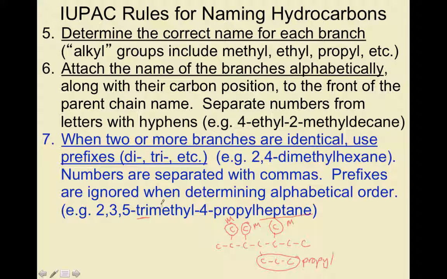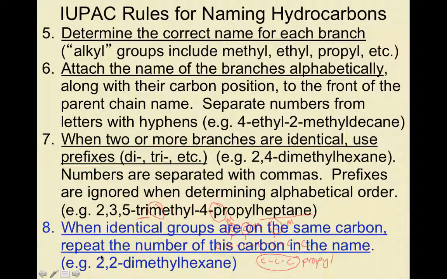And M comes before P, and it doesn't matter that the prefix has T in it, so we're not looking at the fact that P comes before T. In this case, we're still looking at the M in the name methyl to indicate the order. If you do have 2 groups on the same carbon, you have to write the number twice.